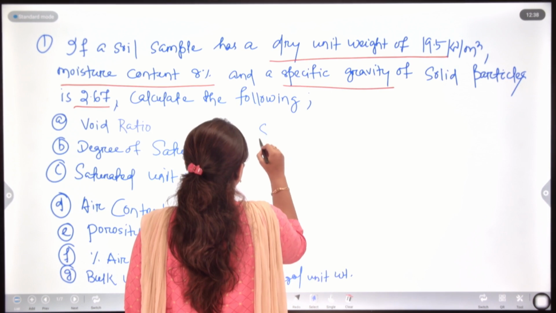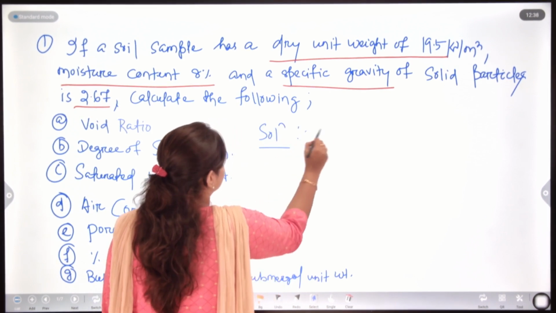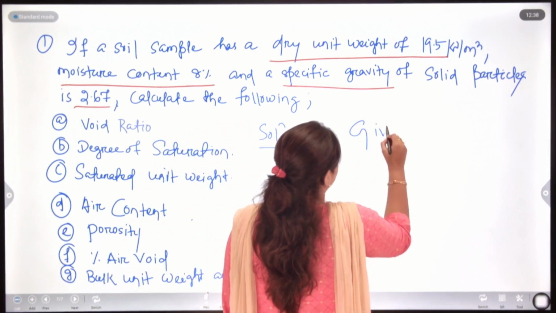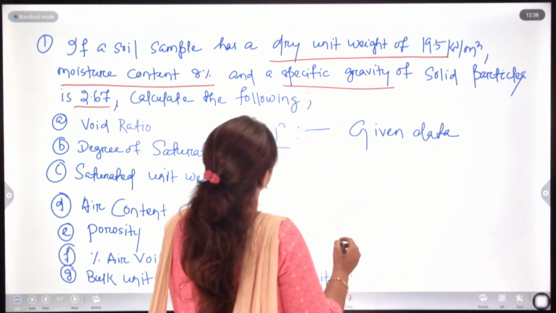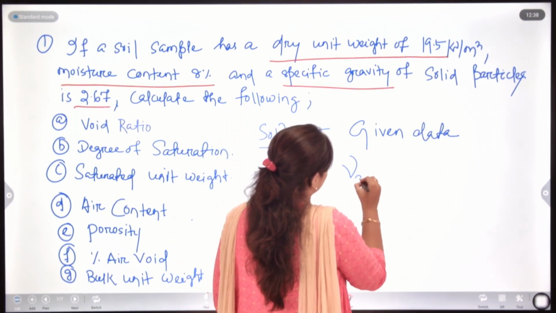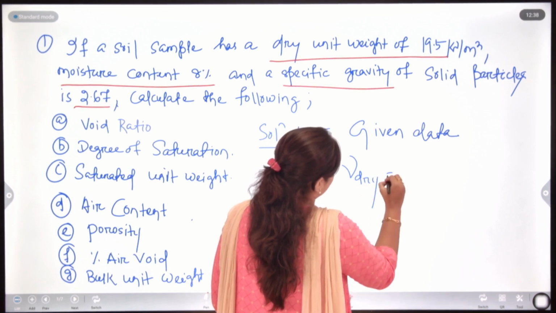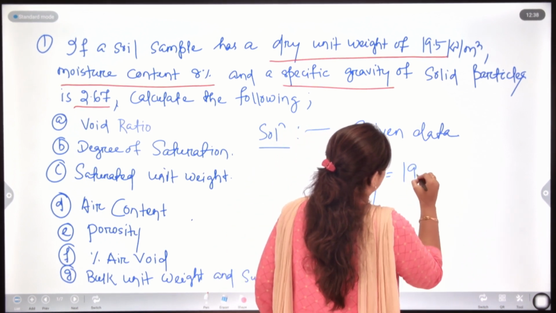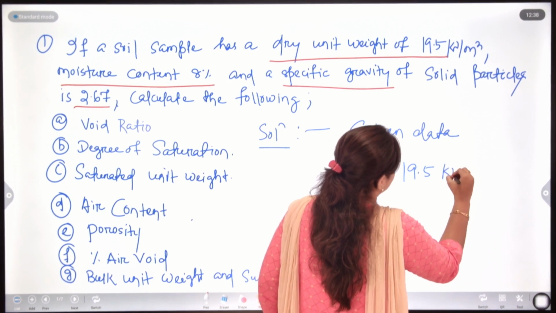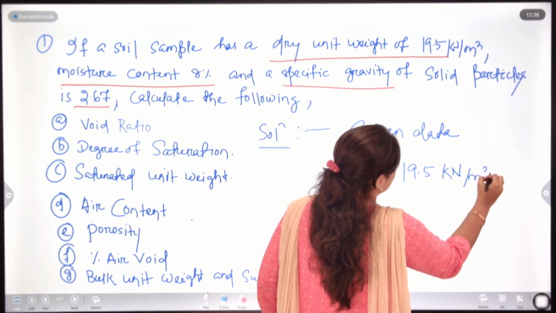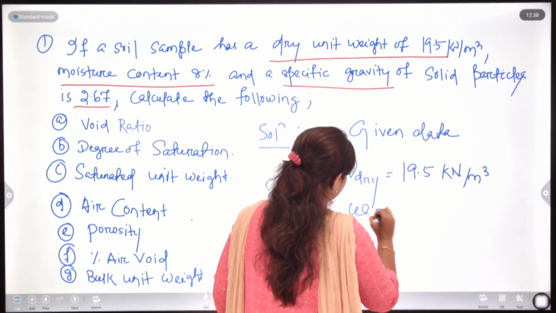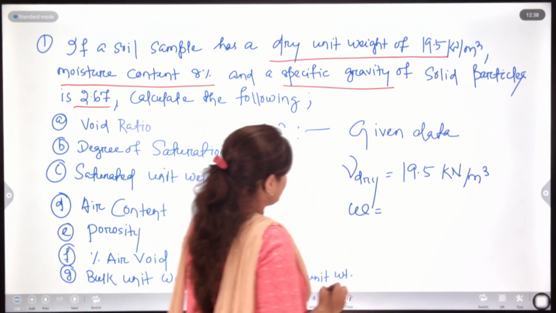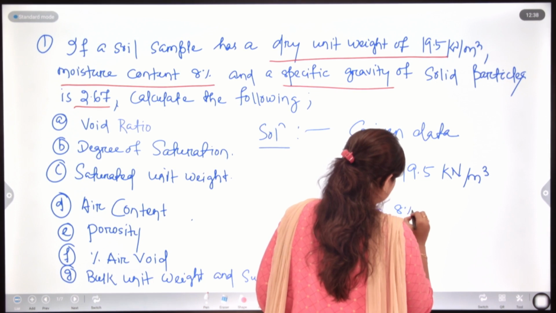First, what is the given data? That is dry unit weight. Gamma dry is your 19.5 kilonewton per meter cube. Next is your W, that is moisture content, about 8%.